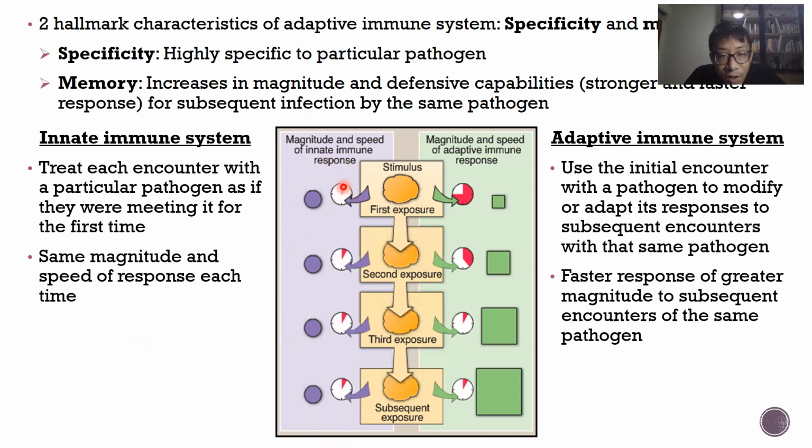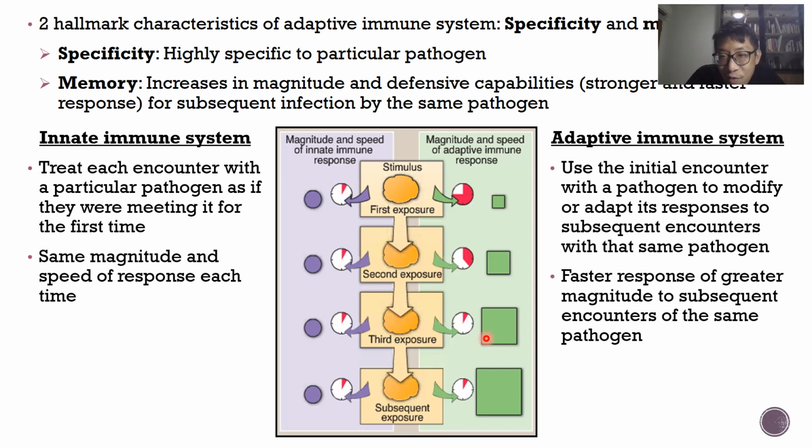The time needed for the innate immune system to respond is pretty short, because it is always ready. It is the first line of defense. As for the magnitude, represented by the size of the figure, it's the same each time, even though these are subsequent exposures to the same pathogen.